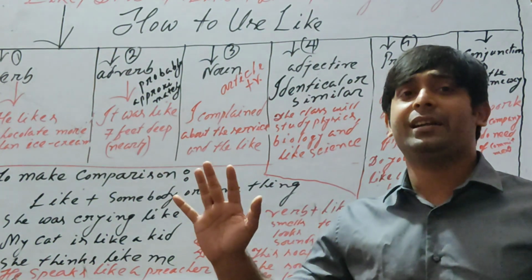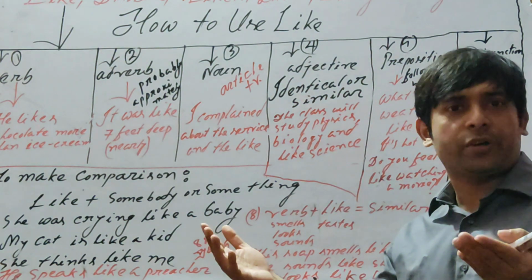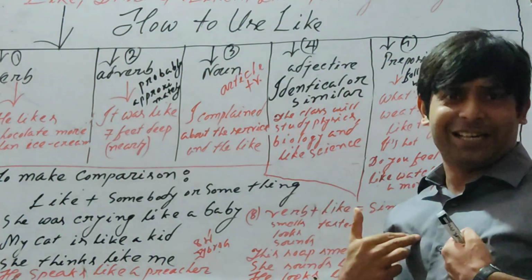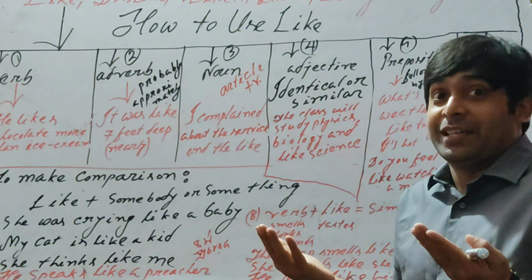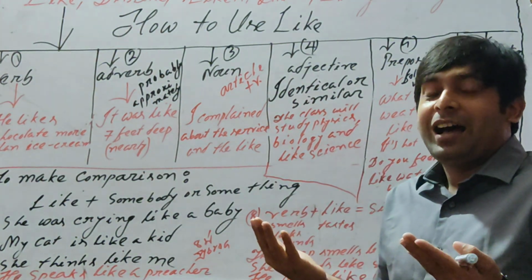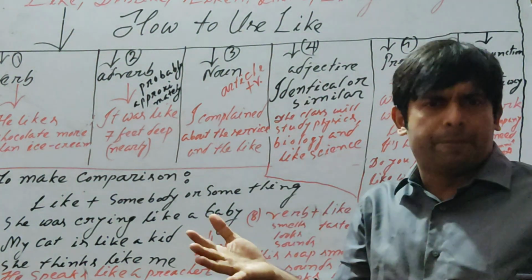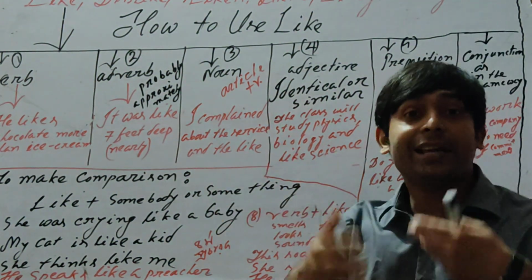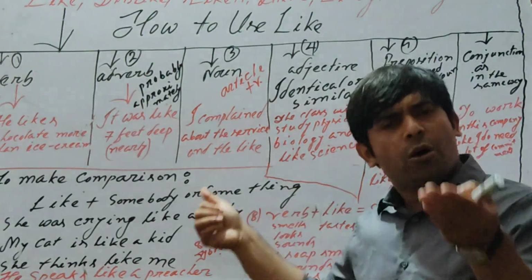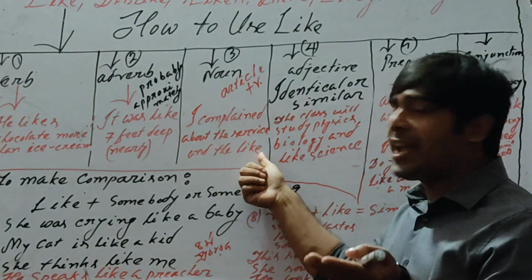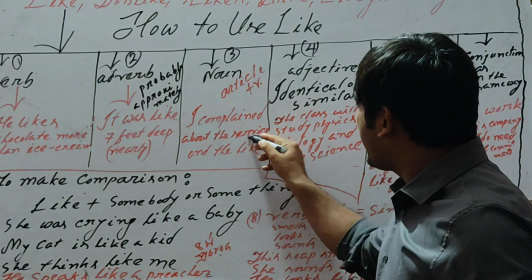But if you don't get the facilities or advantages of the hotel, you can complain. I complained because I didn't get the facility they committed. They lost their commitment. So I can say, I complained about the services or the room and the like. So like has been used here as a noun.